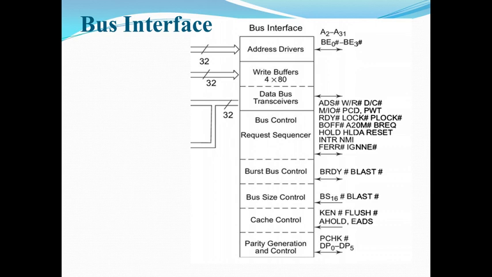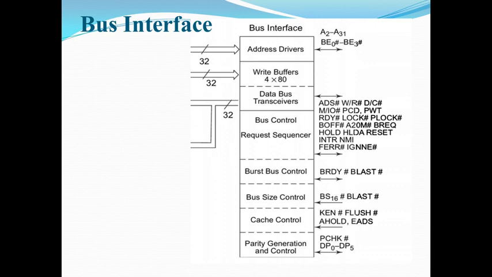Next, bus size control logic senses when the microprocessor is communicating with 8-bit or 16-bit devices, causing the microprocessor to automatically execute multiple bus cycles when necessary. Bus control request sequencer determines the order of the addressing during the burst transfers.